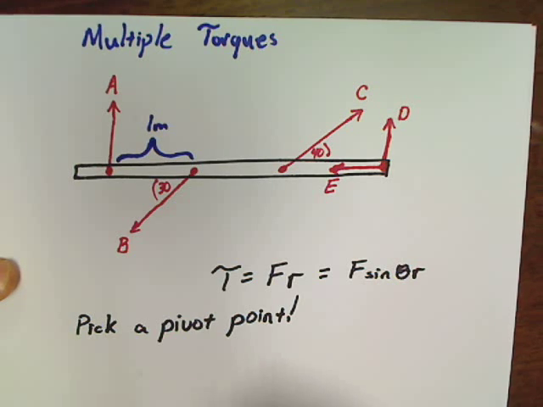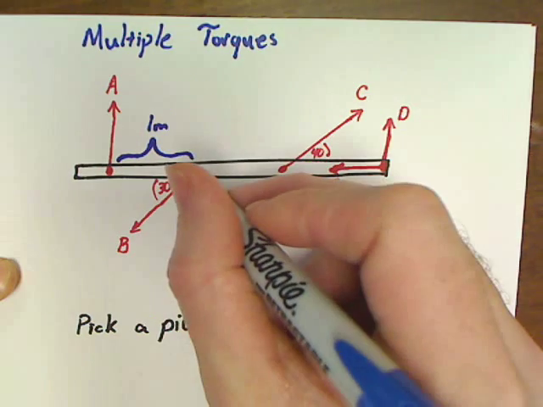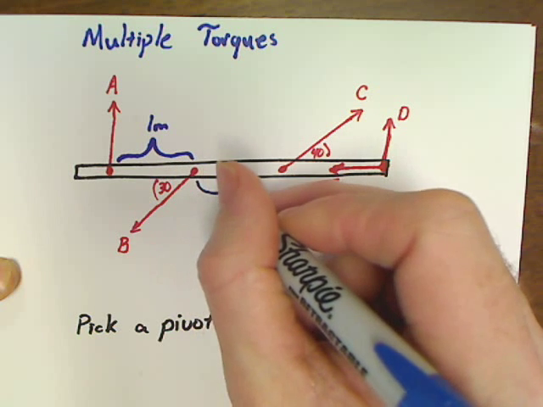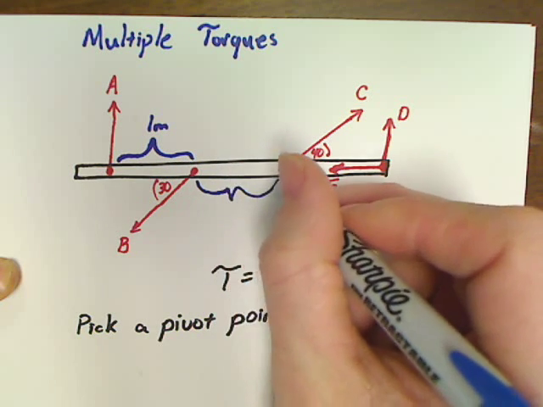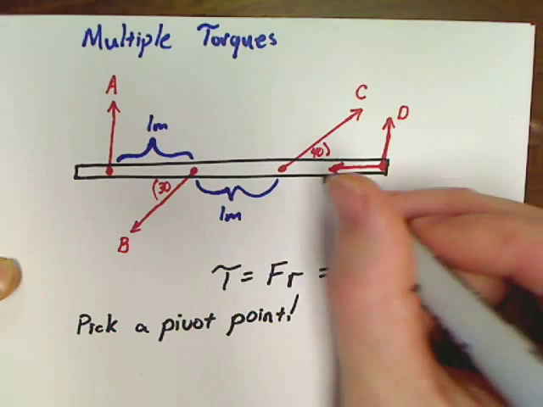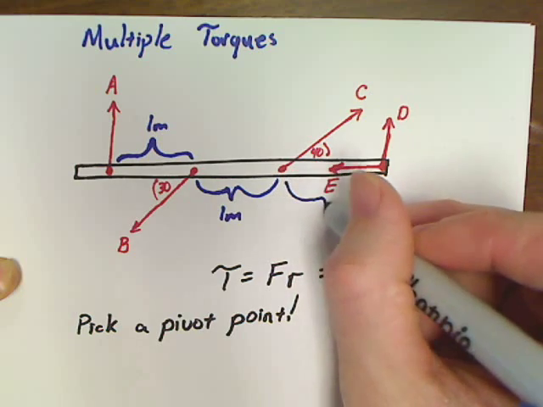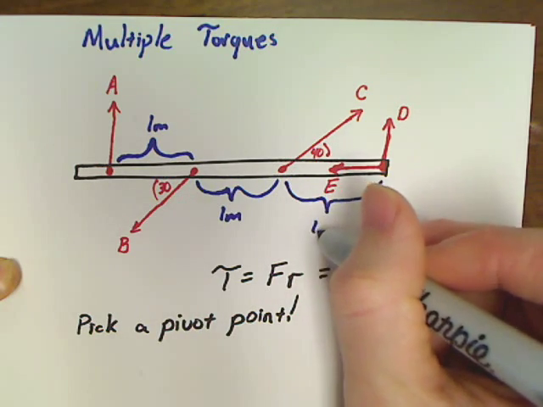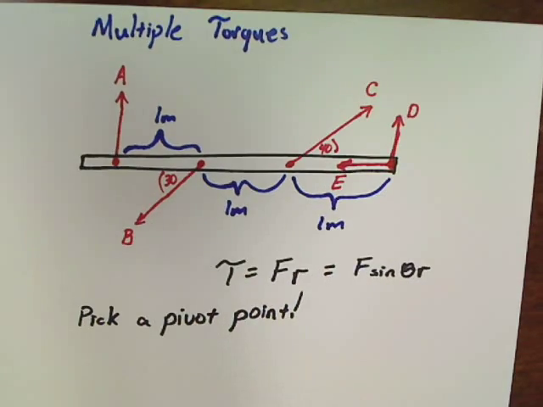Let's say right here is also 1 meter. And let's say that this is also, you guessed it, 1 meter. Let's say it's 1 meter between every one of these in this picture right here.